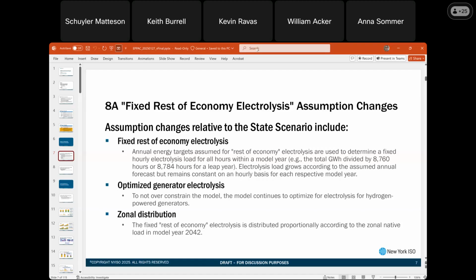Does that continue to be the way that you figure out whether you've represented the right amount of electrolysis load compared to the right amount, so to speak, of generators within the portfolio?